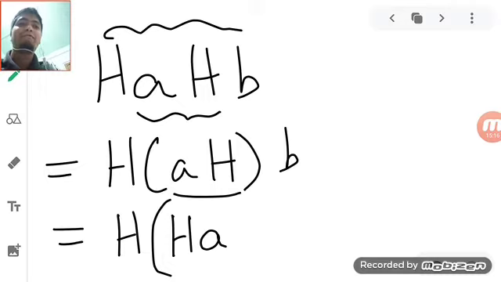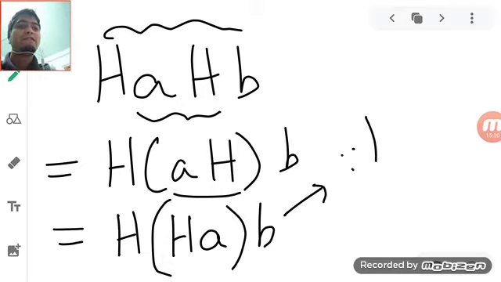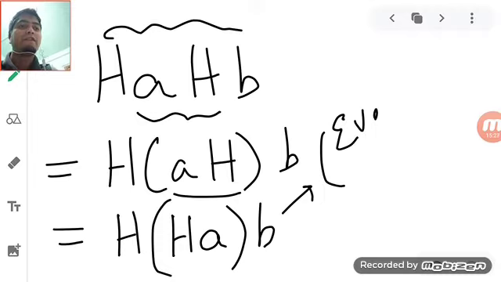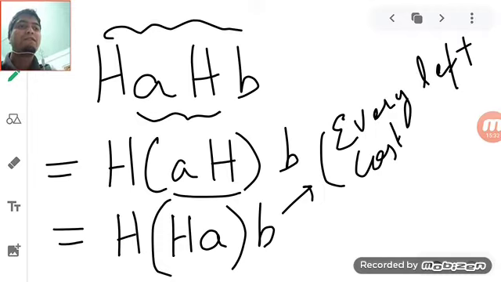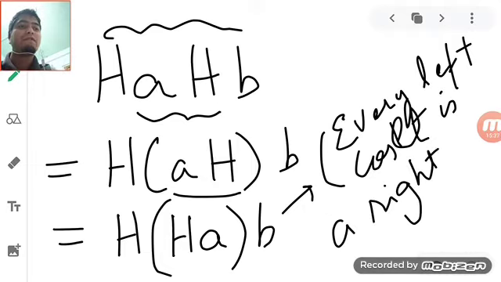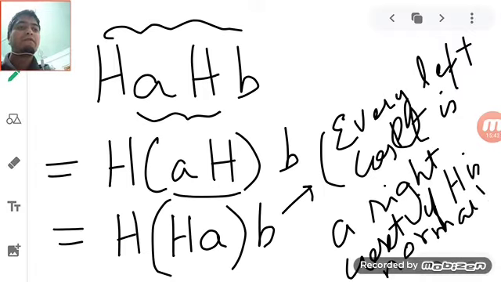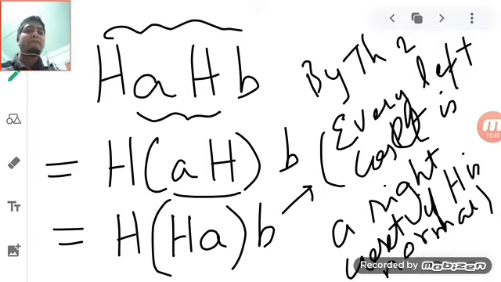This one is a left coset, so it is a right coset, because H is normal. The reason for this is: every left coset is a right coset if H is normal. This is by theorem 2. So we will have this.